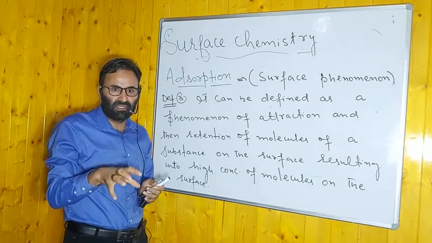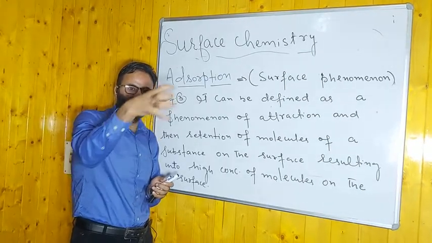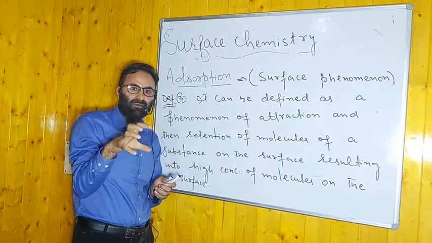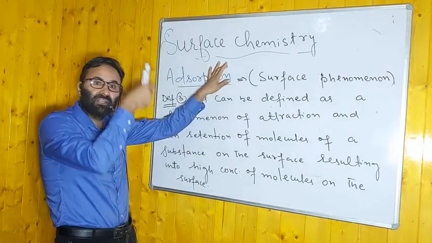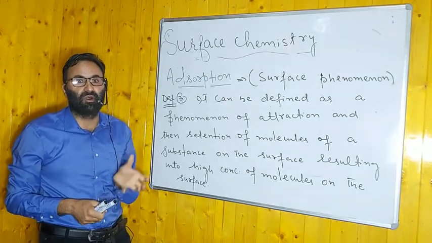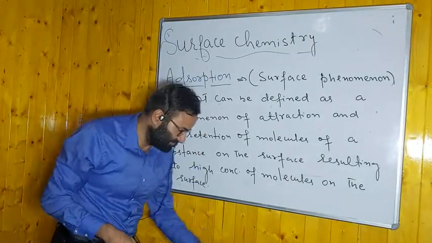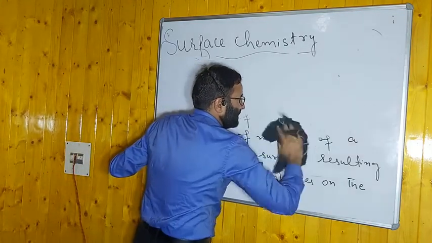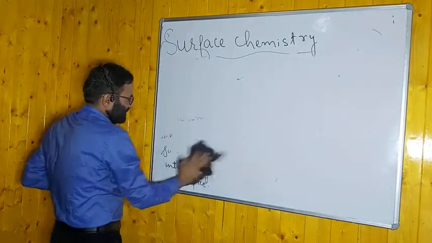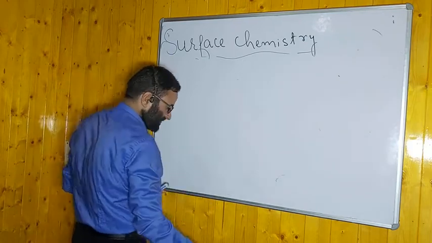You have two things: the molecules of a substance which get accumulated, that is known as adsorbate, and the surface on which accumulation process takes place, it is known as adsorbent. Remember this point. I will mention certain important terms in surface chemistry or in adsorption.